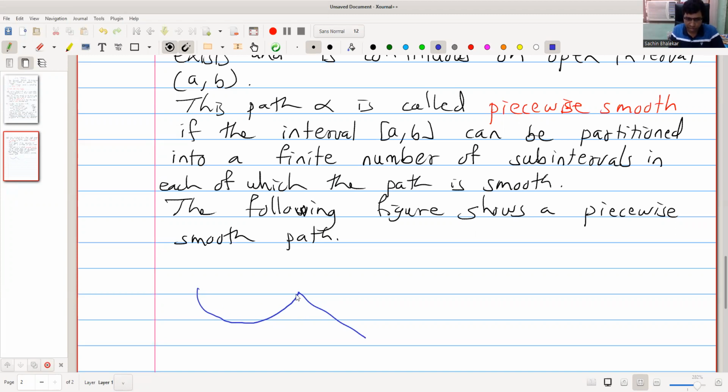If we make two pieces of this curve, the first piece is smooth and the second piece is also smooth. Like this we can have more than one piece. So this is a piecewise smooth path.